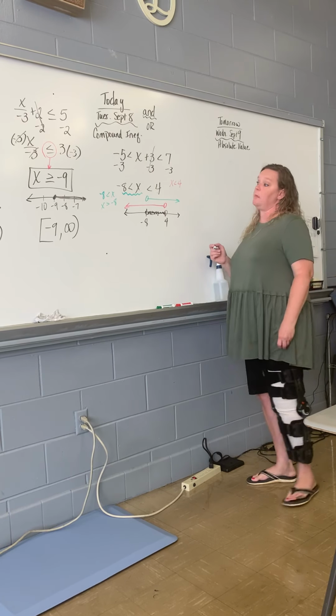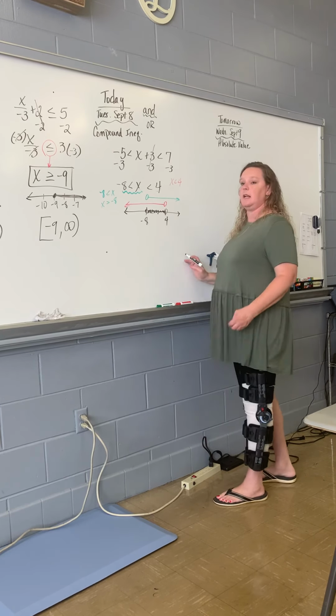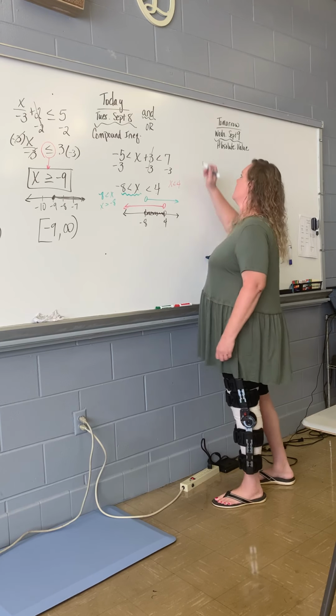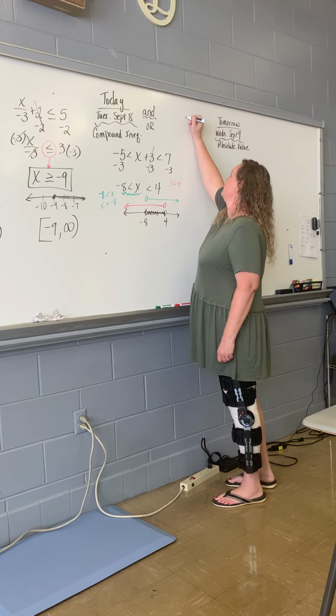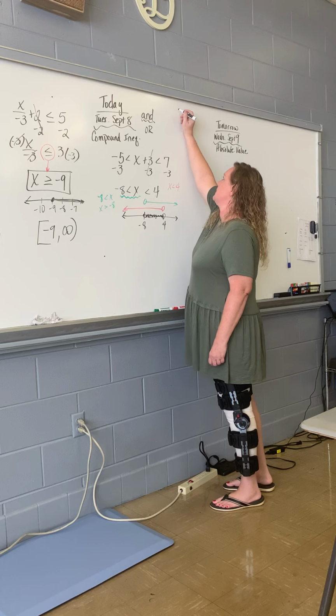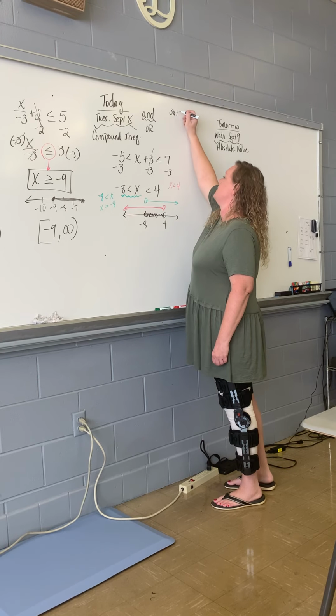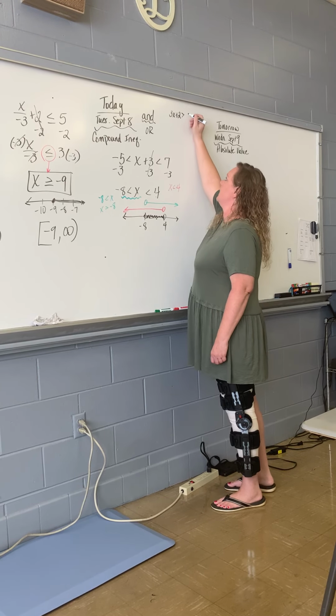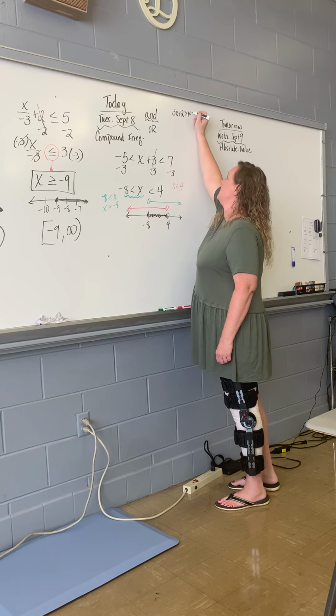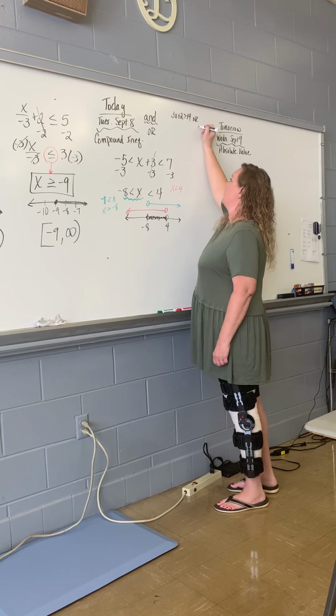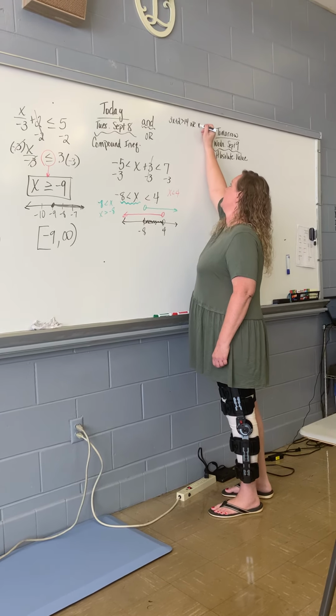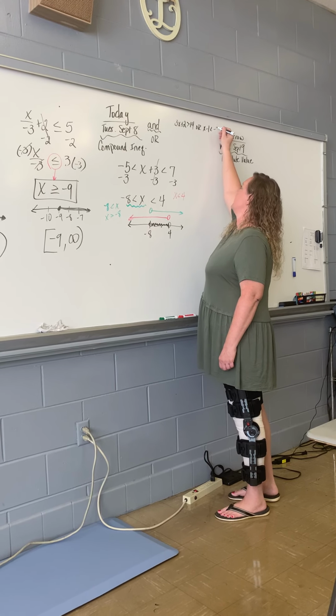If it's an or problem, you just work it as 2 separate problems. So let's say something like 3x plus 2 is greater than 14, or x minus 1 is less than -3.